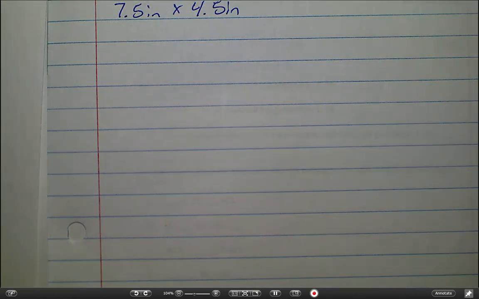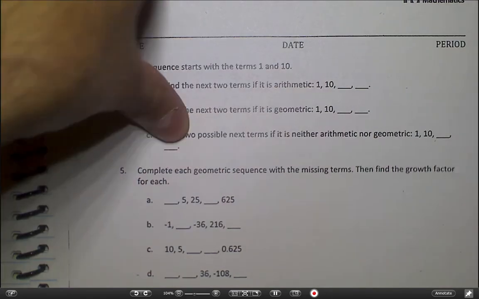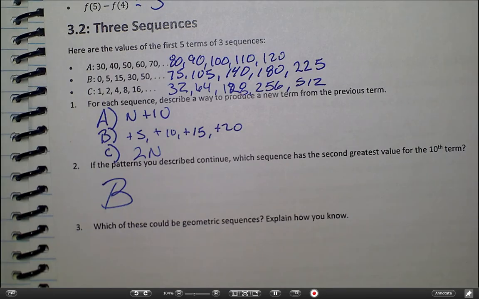So it could be multiplication and division, because you could multiply by 1/2, and that would be the same as dividing by 2.